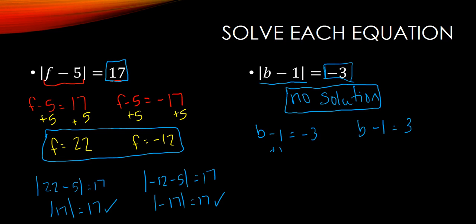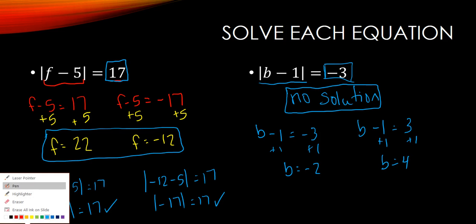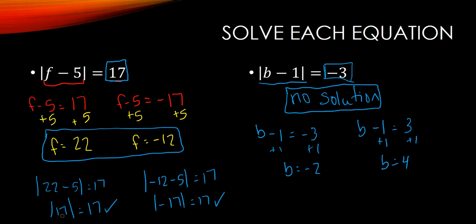But if I was to solve this, I get negative 2 and 4. Now checking my equation, if I put negative 2 in here, is the absolute value of negative 3 negative 3? No. The absolute value of negative 3 should be positive 3.